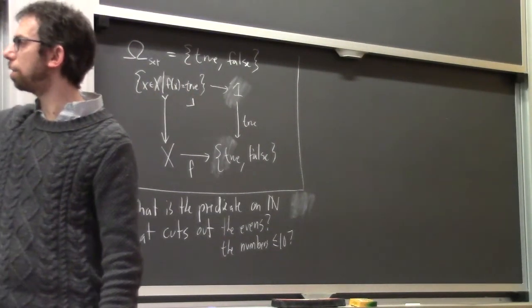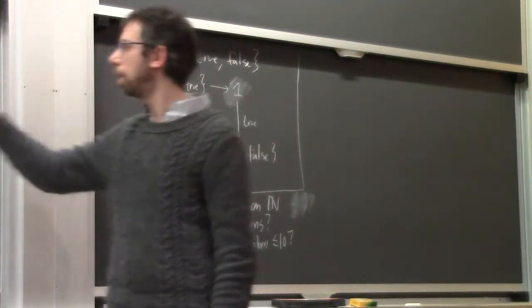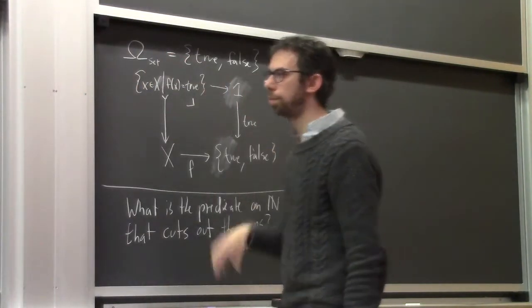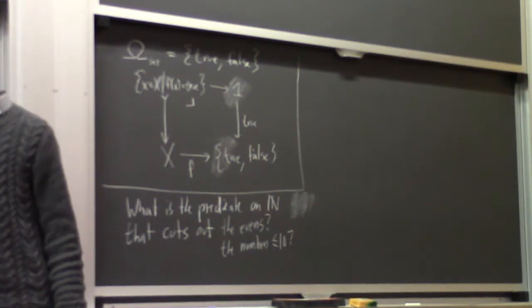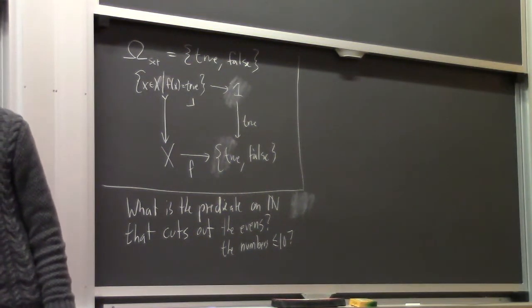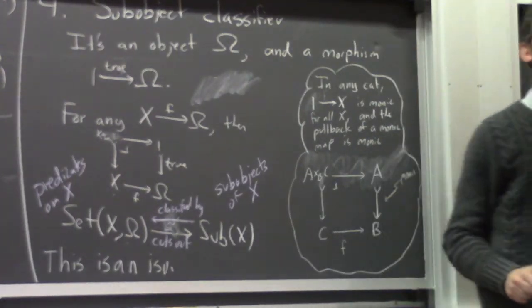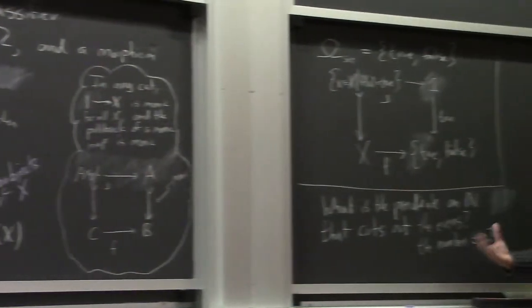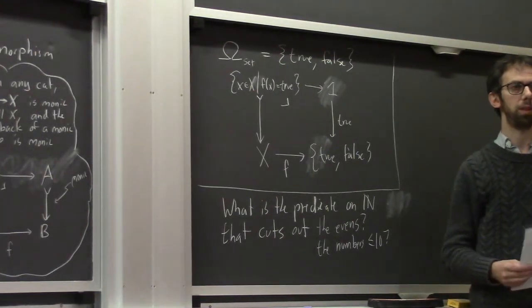So the subobject classifier is a certain set, namely true-false, with a morphism from 1 to omega, namely the one that picks out true, such that for any set X, the set of maps from X to omega is in bijection with the set of subobjects of X, the power set of X. And so now here's a set, the natural numbers, and here's a subset, and here's a subset. So what predicates cut them out? That's the question.